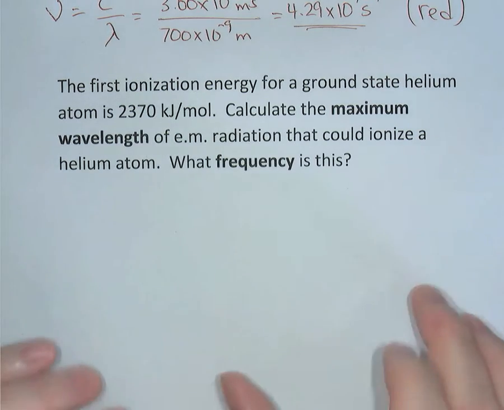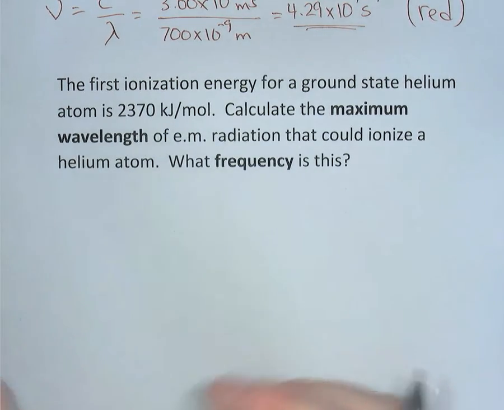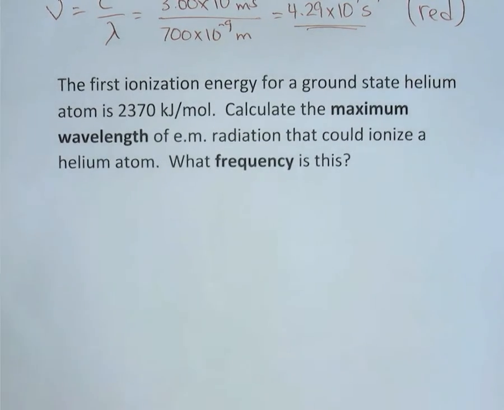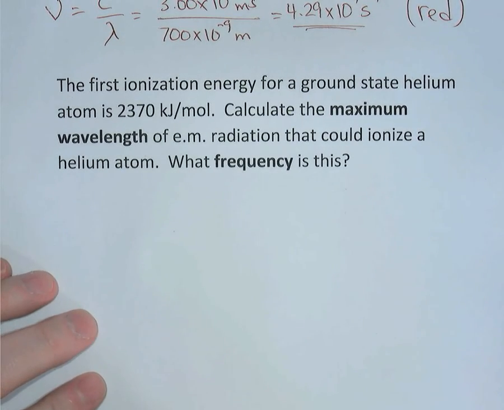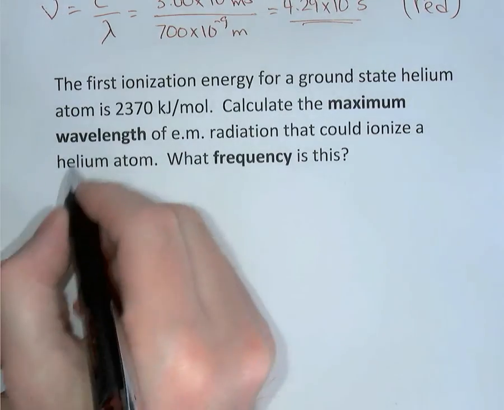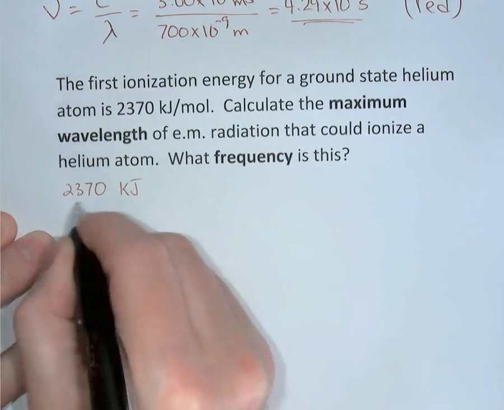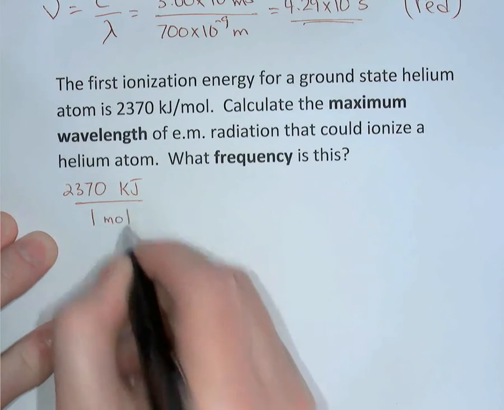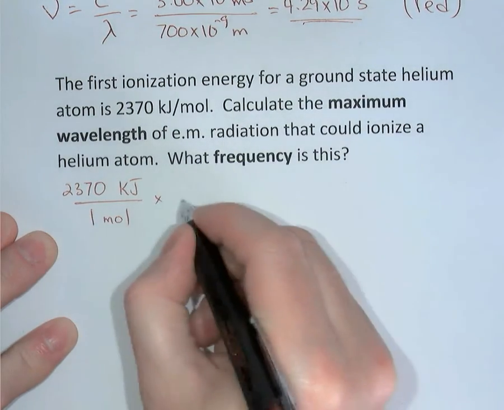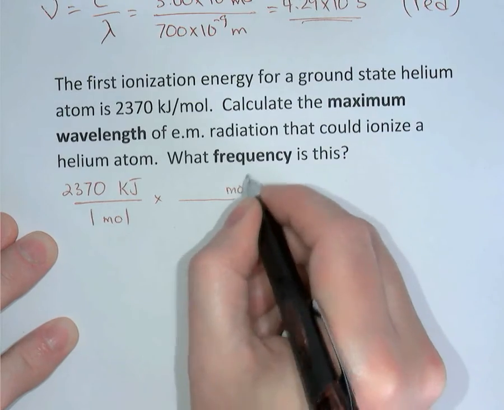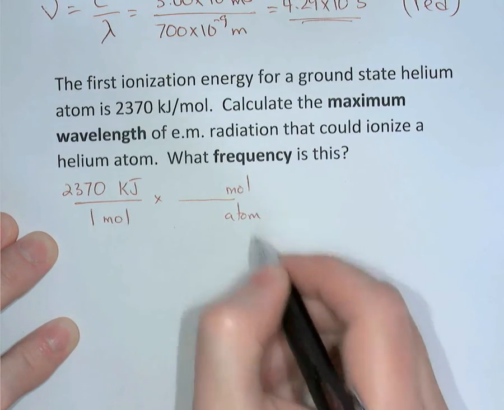Well, the first thing I'm going to do is convert that from per mole to just per atom. How much energy is needed per atom? So let's take 2370 kilojoules are required for 1 mole of helium. Let's get rid of the moles and replace it with just atoms.